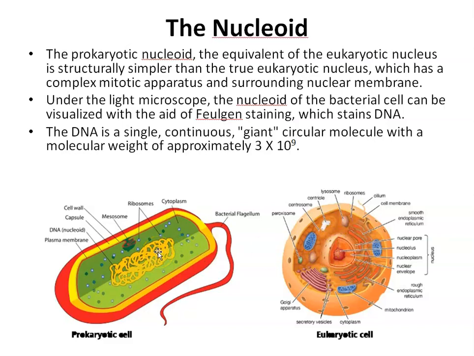Under a light microscope, the nucleoid of a bacterial cell can be seen with the help of Feulgen staining, which stains DNA. So the DNA of bacteria is a single, continuous, giant, circular molecule with a molecular weight of approximately 3 x 10^9, right?